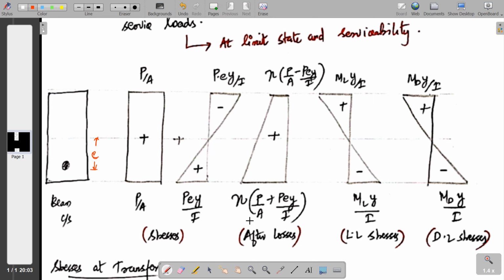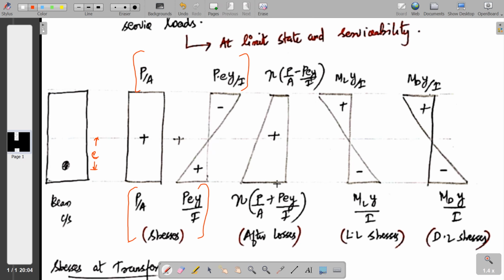Together, these we call F inferior, that is the stress at the inferior fibers, and this together we call F superior, the stress at the superior fibers, due to the pre-stressing force. We have discussed that before in the lectures. After losses, the stress is the percentage of loss into P by A minus P into E into Y by I at the top, and similarly at the bottom.